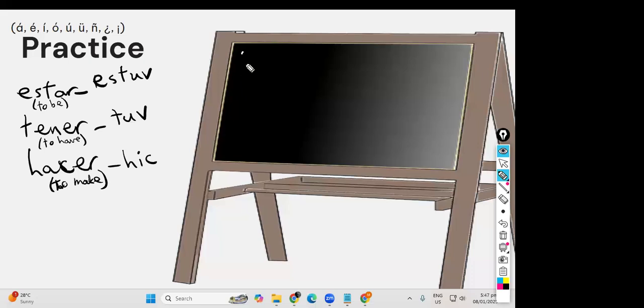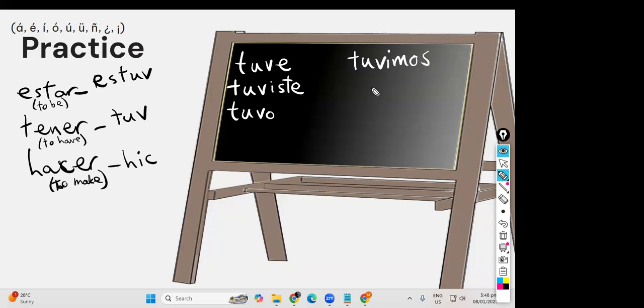So it becomes tuve, tuviste. So you'll notice the endings are just like with estar. Tuvo, right? Tuvimos, nosotros tuvimos, we had, nothing for vosotros. So ellos, ellas, ustedes tuvieron. They had or you had, right?